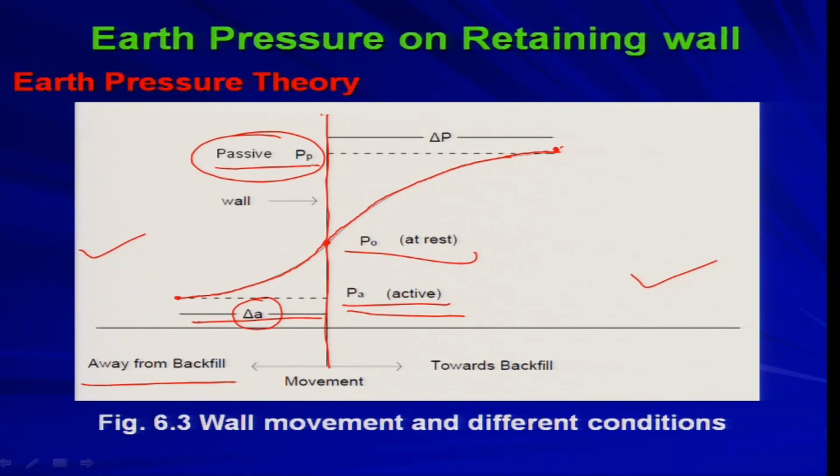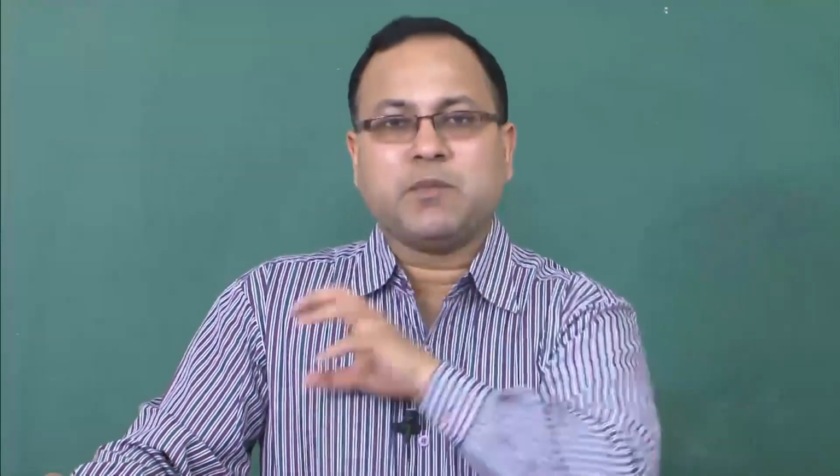And to obtain Pp, you need to have this much of displacement delta P, which is very much greater than delta A. That means you need to exhaust a significant amount of movement to get the passive pressure, whereas a very small amount of movement of the wall away from the backfill will cause the active state.